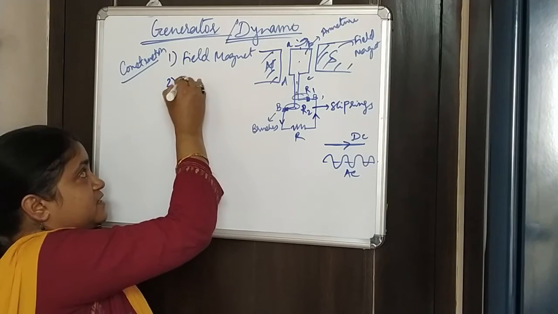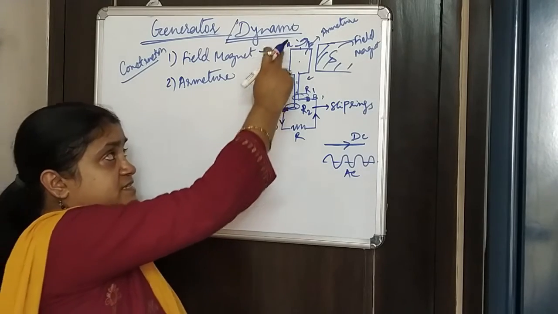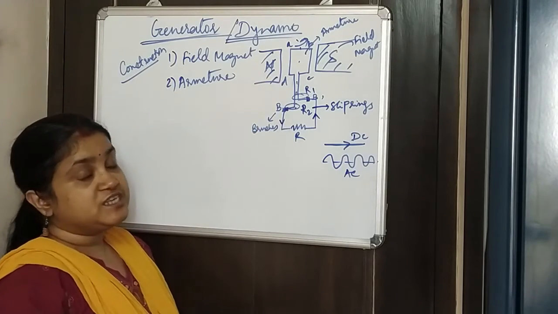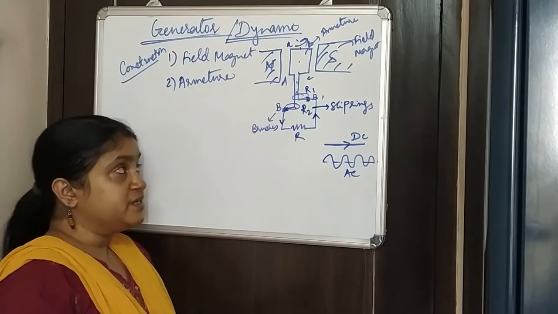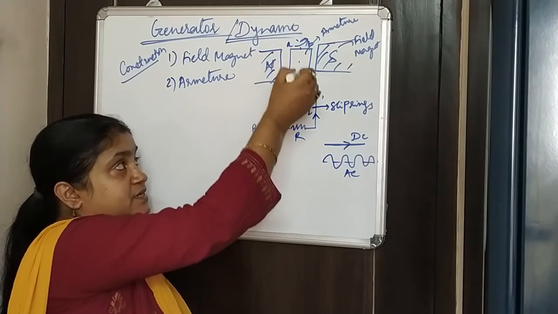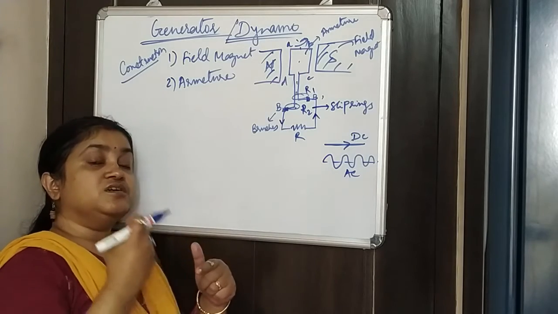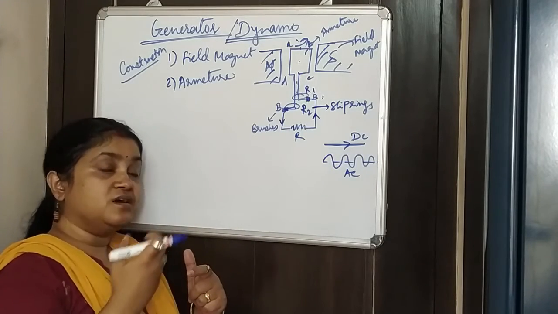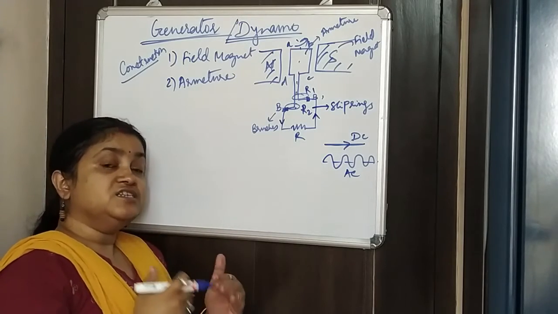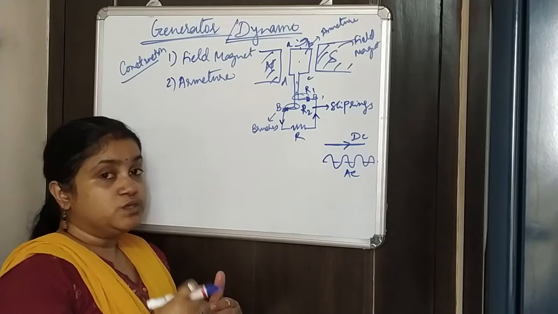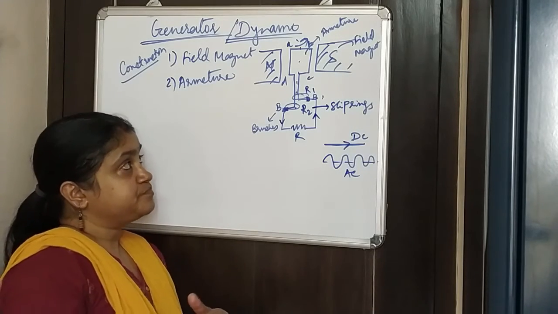The second thing is called the armature. This armature is this loop which has n number of turns of copper wire, right? So here A, B, C, D, this is the armature, and this armature keeps on rotating in the magnetic field, and therefore there is a change in magnetic flux which generates the EMF, right?